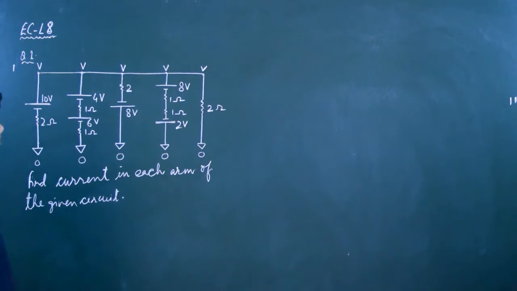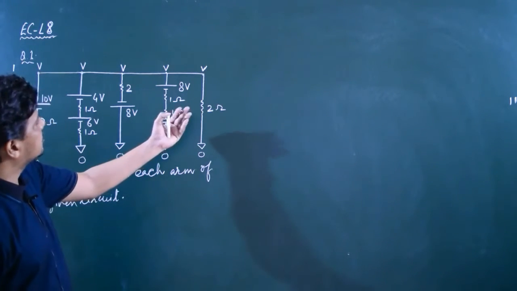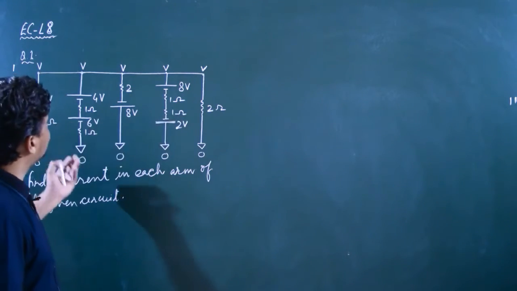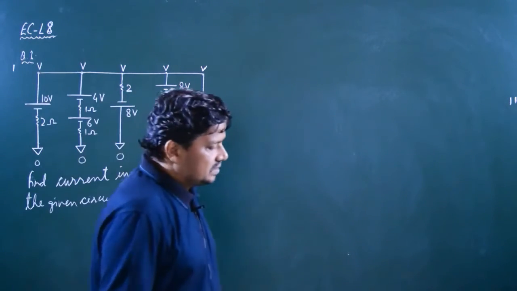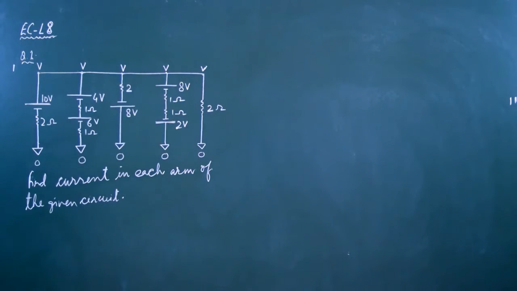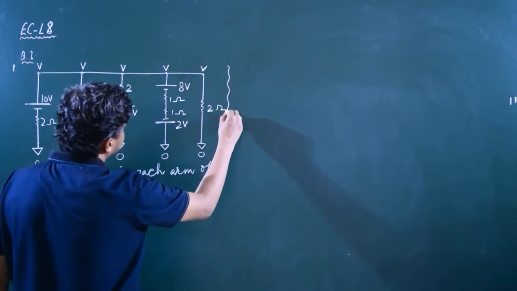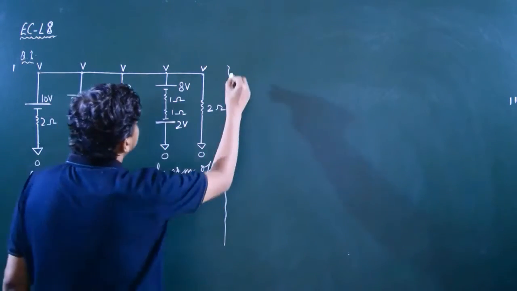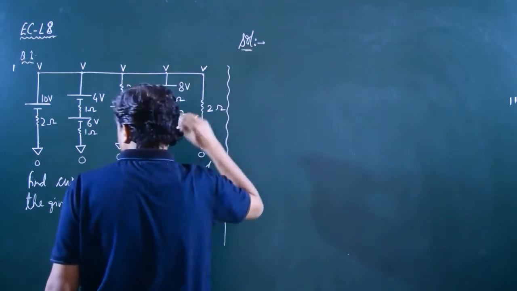In each arm we have to get current, and suppose the arms are 1, 2, 3, 4 and 5. In 5 arms we have to get the value of current. So see, we come to the solution.